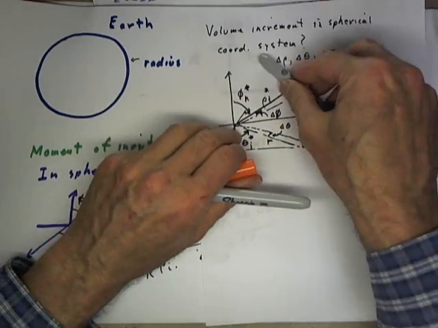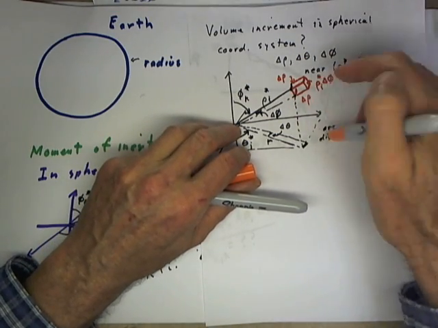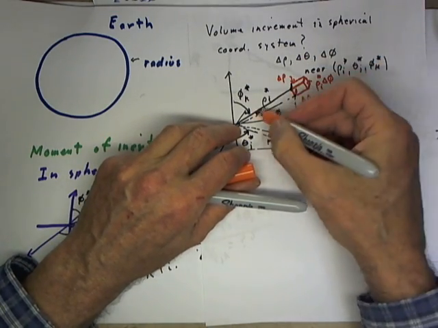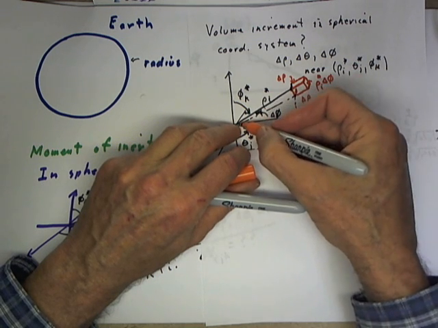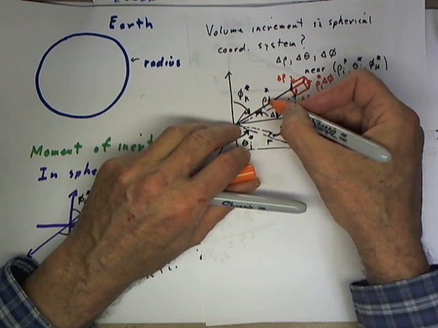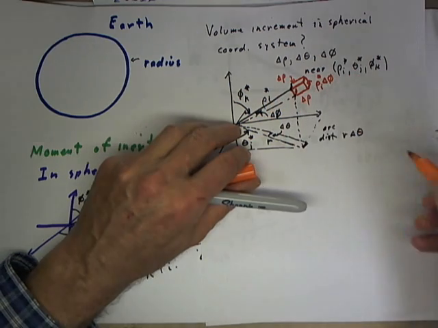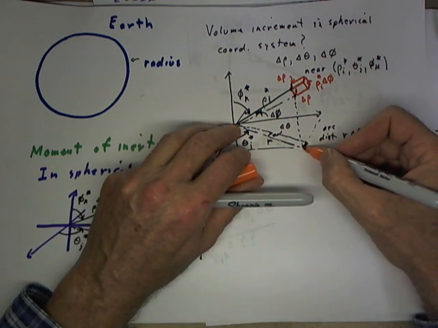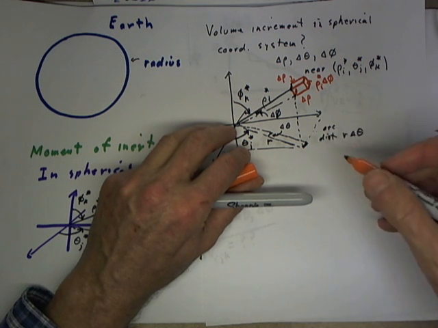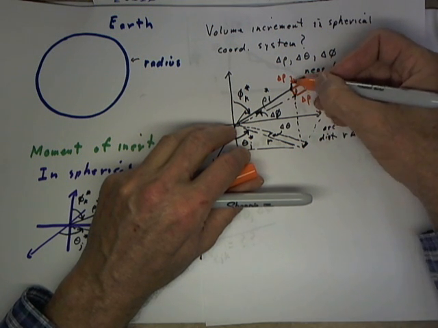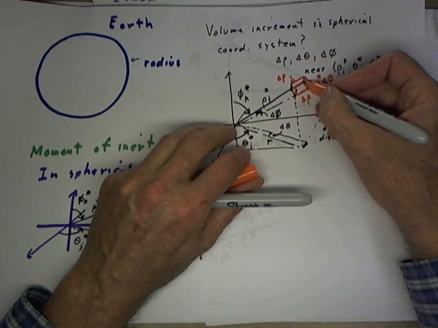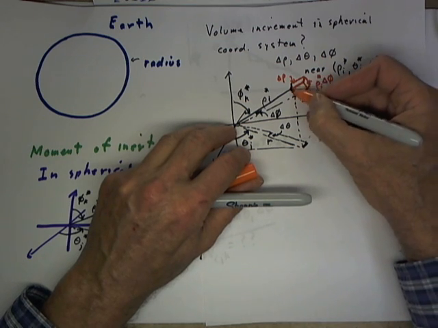Rectangular because a change in phi will move along an arc that's perpendicular to the radial line that measures our distance from the origin, our rho sub I, and because a change in theta moves us in a direction perpendicular to the plane of this rectangle.